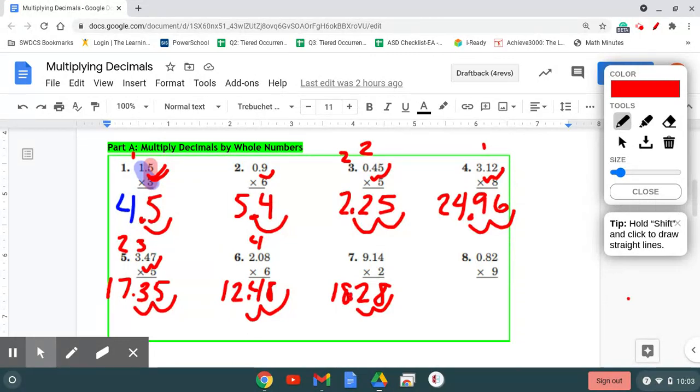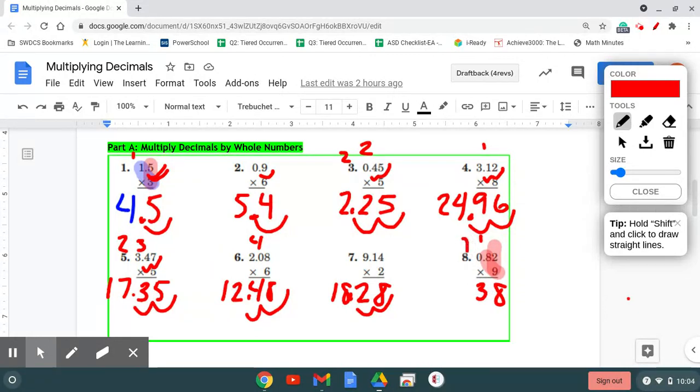All right, number 8. 0.82 times 9. We're going to go down first. 9 times 2 is 18. Carry your 1. Now we go 9 times 8. 9 times 8 is 72, plus 1 is 73.